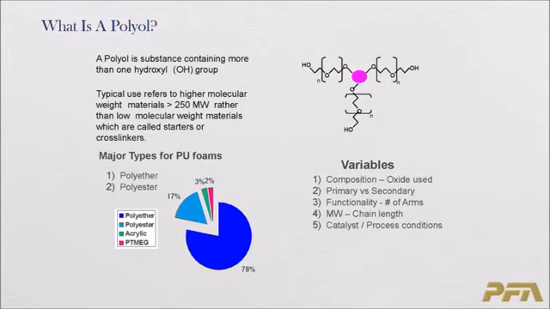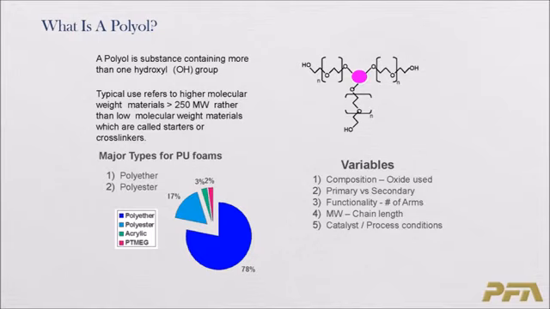The largest is the polyether polyols, and then there's also polyester polyols. There's a whole variety of other types of polyols out there, but almost none of them are really used in flexible foams. They're used a lot more in elastomers and coating type applications.